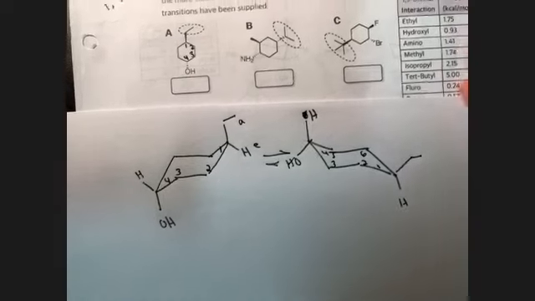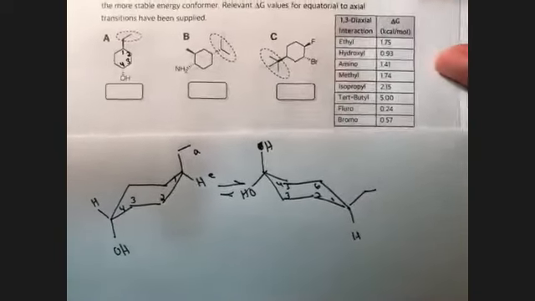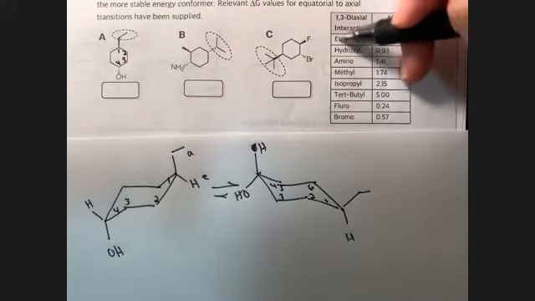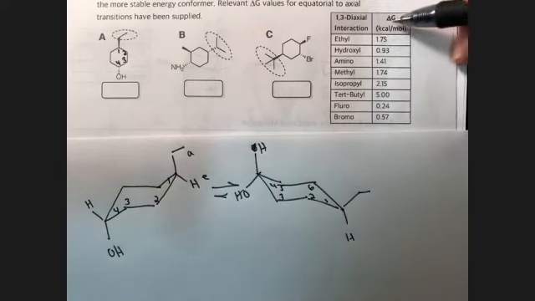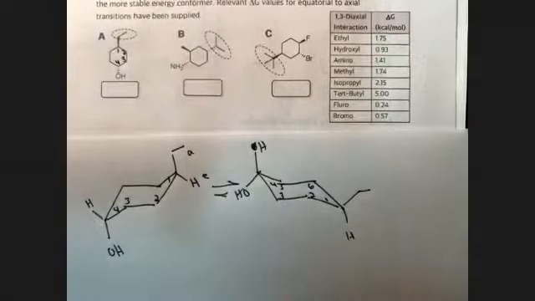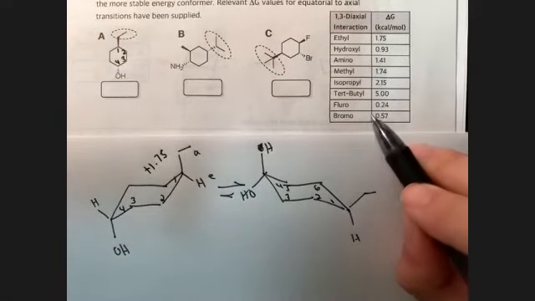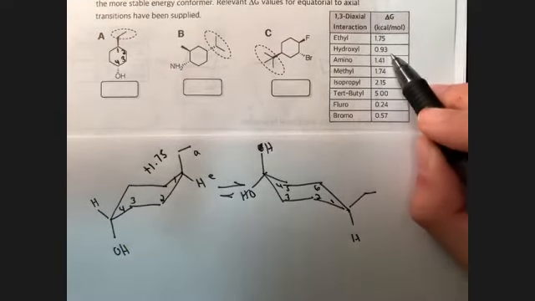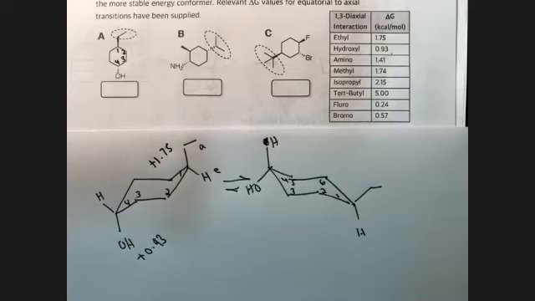I'm confused. What this chart says is the 1,3 diaxial interactions for the ethyl group being in the axial orientation cost positive energy. Remember, positive delta G is not good. It costs me 1.75 kilocalories per mole of energy to have this in the axial position. So I'm going to put plus 1.75. This hydroxyl group in the axial orientation also costs me 0.93 kilocalories per mole, because those are repulsive interactions with the other axial protons.